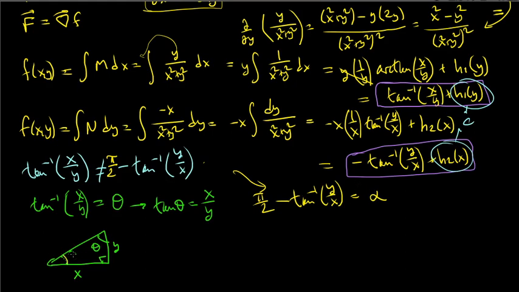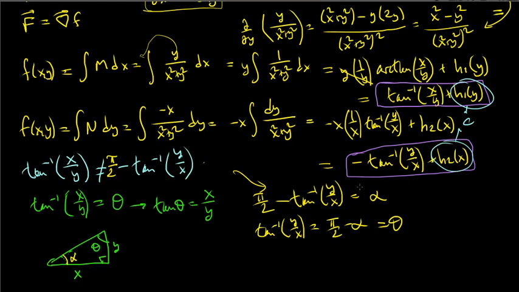And alpha is just the supplement. So you're right, they're not equal, but they do differ by just pi over 2. So in other words, the arctangent of y over x is going to be pi over 2 minus alpha, which is really just theta here.